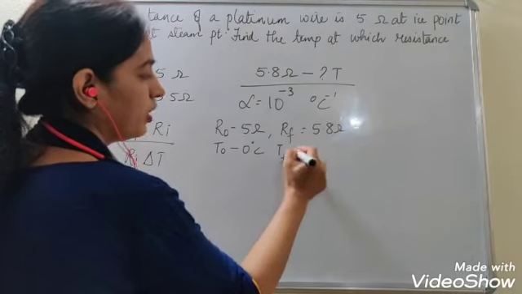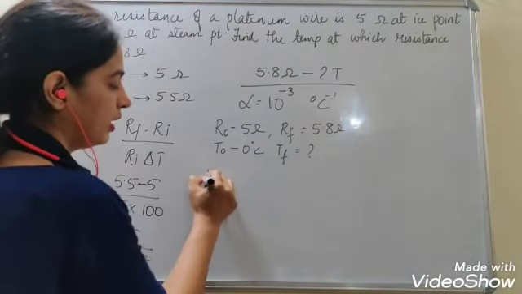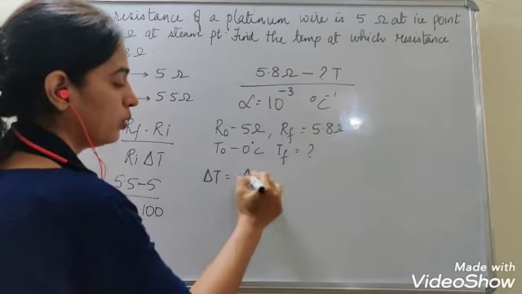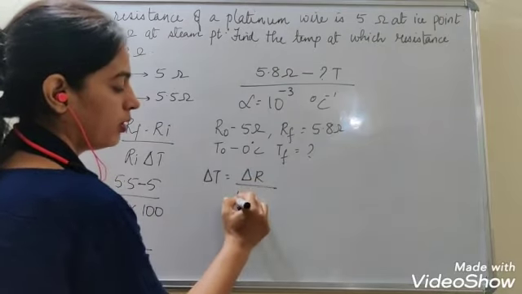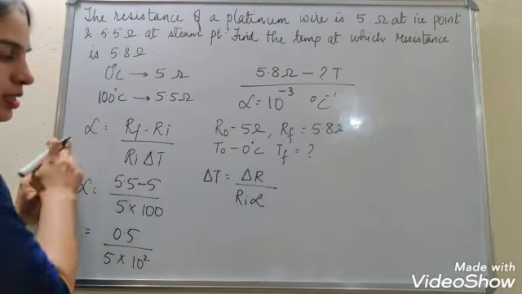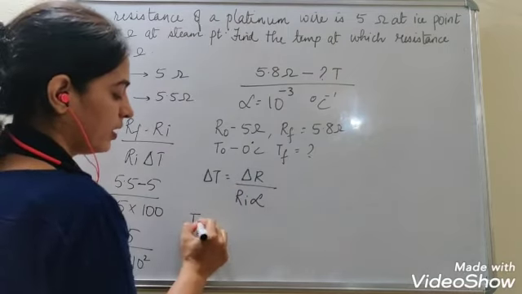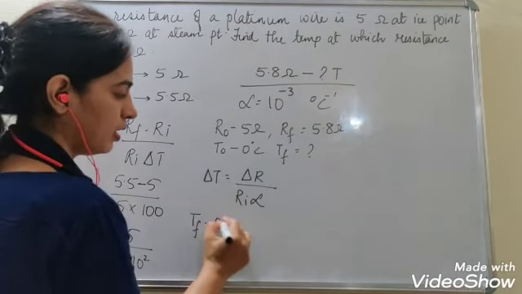Final temperature you have to find. Again, delta T is equal to delta R upon R initial alpha, taking this up and this down. So delta T will be T final minus 0.